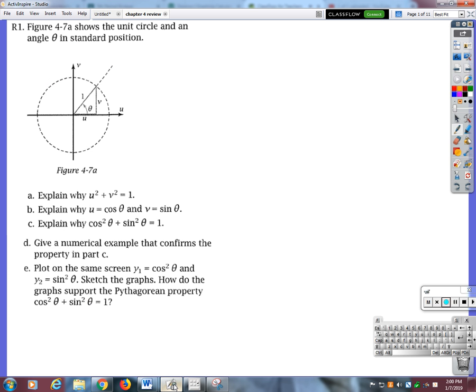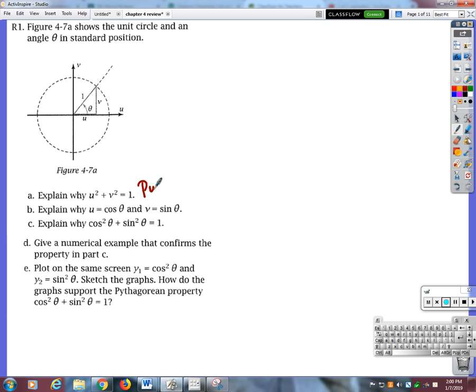Okay, Janessa, how do you know in that diagram that u squared plus v squared equals 1? And what kind of triangle is that? Yeah, it's a right triangle. So who gets credit for that? Pythagoras.